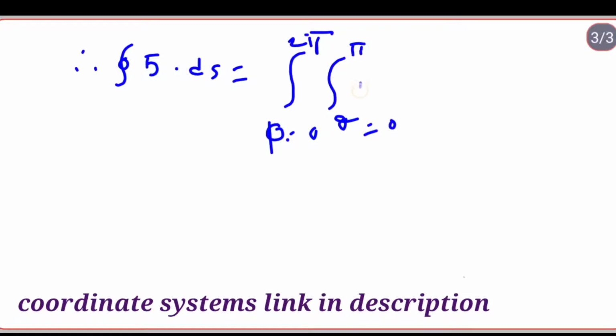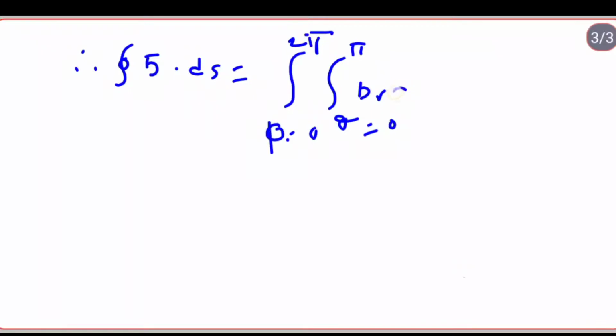Simply we substitute equation 2, Dr r squared sine theta d theta d phi. Now apply the limits over the integration. First we apply phi from 0 to 2 pi.